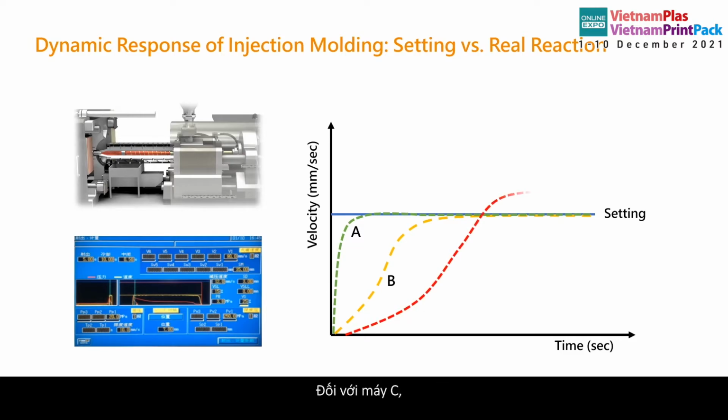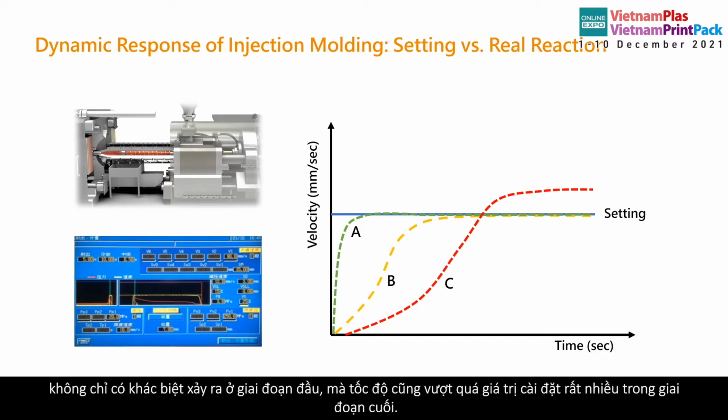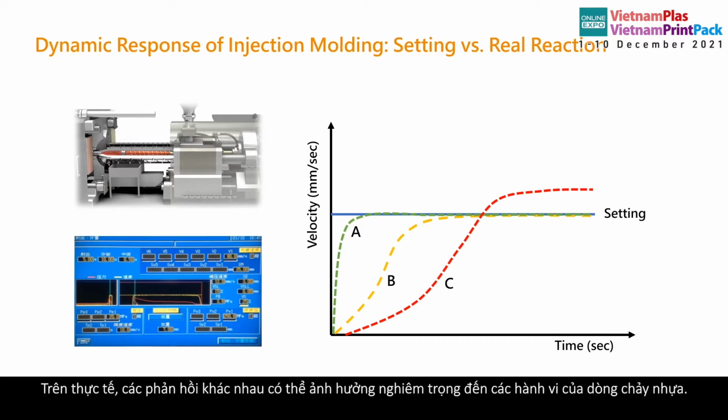In terms of machine C, not only do gaps happen in the beginning stage, but speed also overshoots the setting value a lot in the last stage. Actually, different responses might affect the plastic flow behavior seriously.